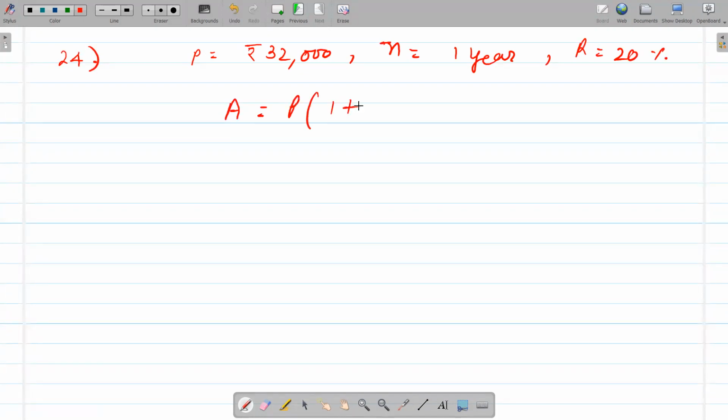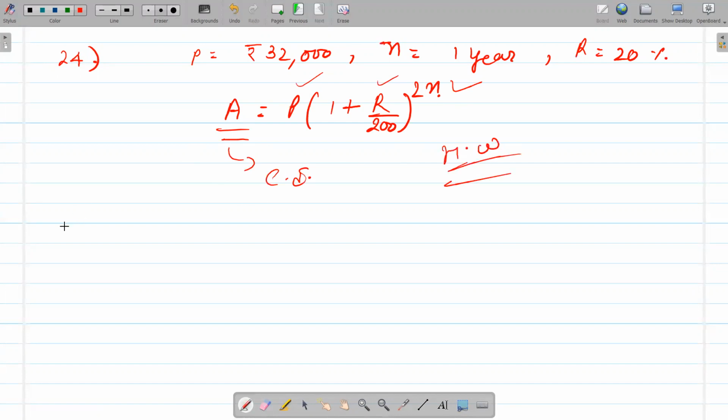Principal into (1 plus r upon 200) raised to power 2n. And why I have used this formula? Because the interest is compounded half yearly. Everything is given; you can calculate A, and after that you can calculate CI also. This will be homework. This you have to do.